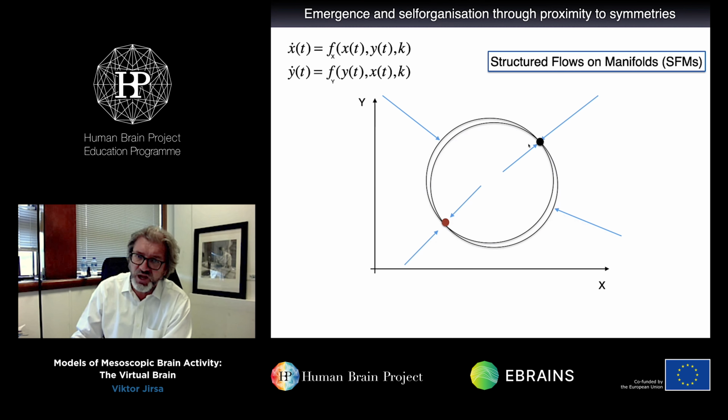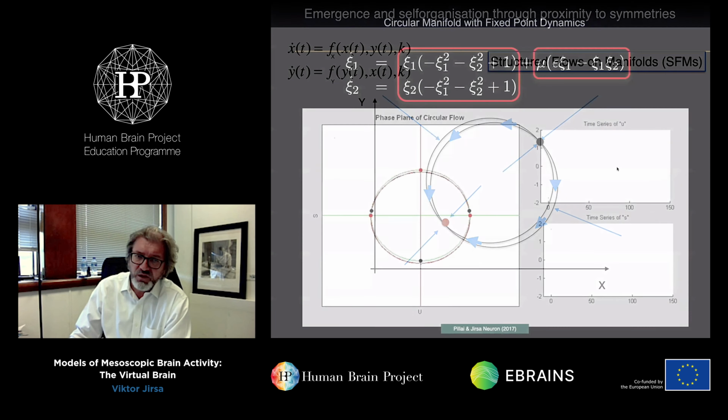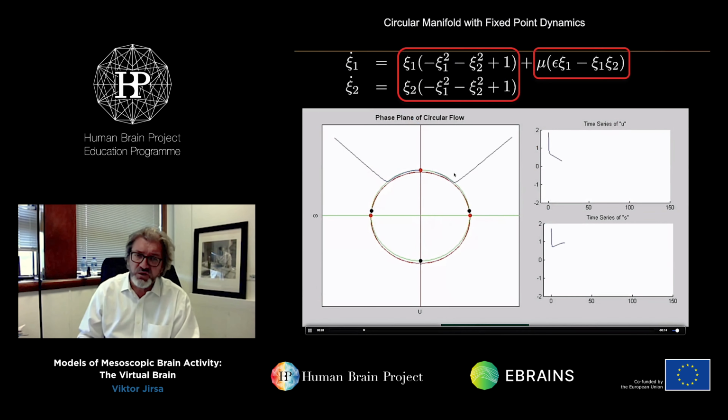Each of them provides a circular structure in here. If they don't overlap, I have intersections, which generate a fixed point here, another one there. And then I have the flow that goes along the manifold to this stable fixed point here, away from the unstable one. And this is what you see now in the simulations.